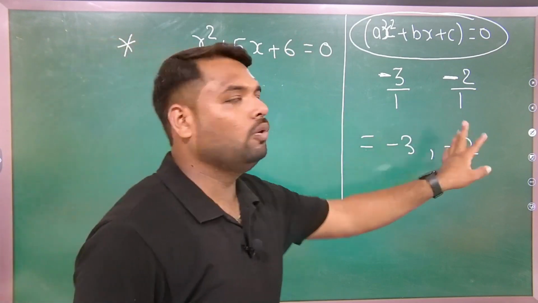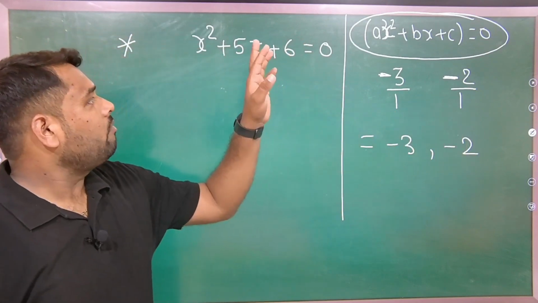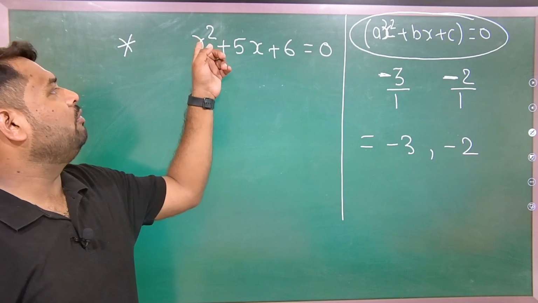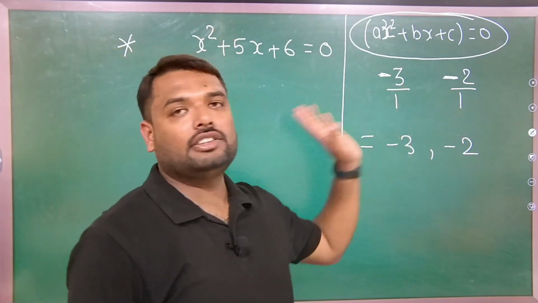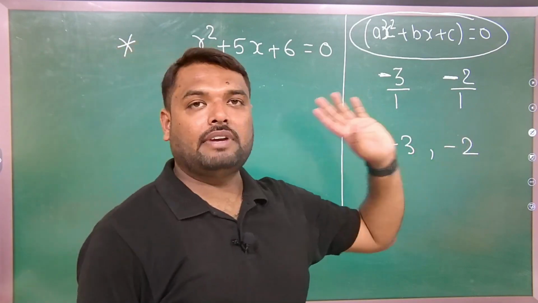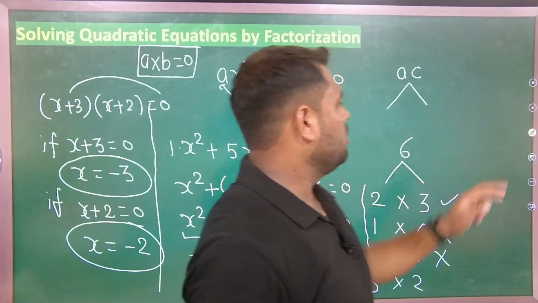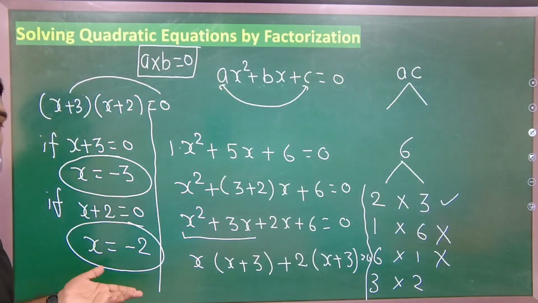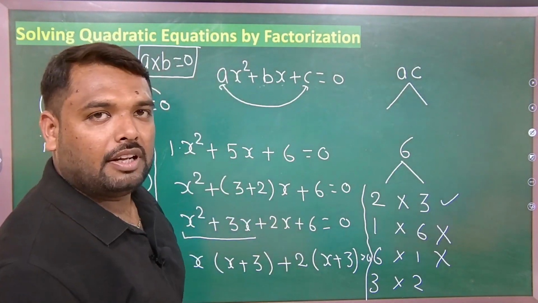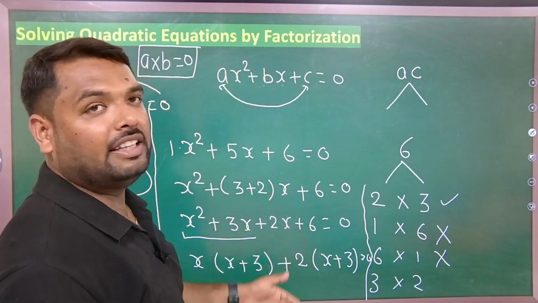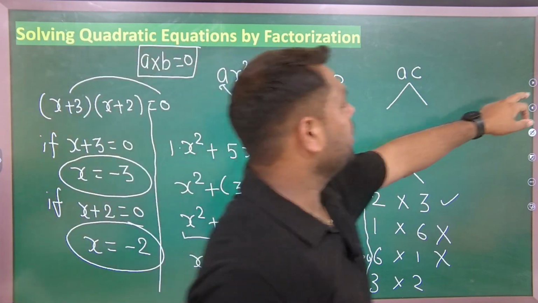Write down 3 and 2 separately. And in the final step, divide by the coefficient of x square, which is 1. Means the roots will be minus 3 and minus 2. What were the roots? The roots were minus 3 and minus 2 only. Got the point? So you can escape this lengthy process in MCQ questions.